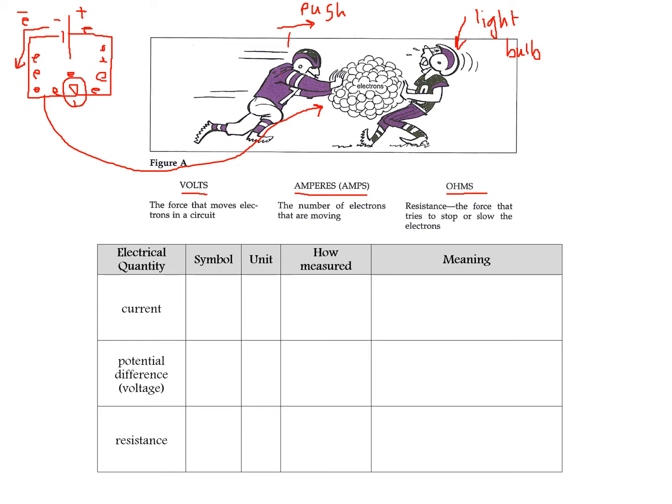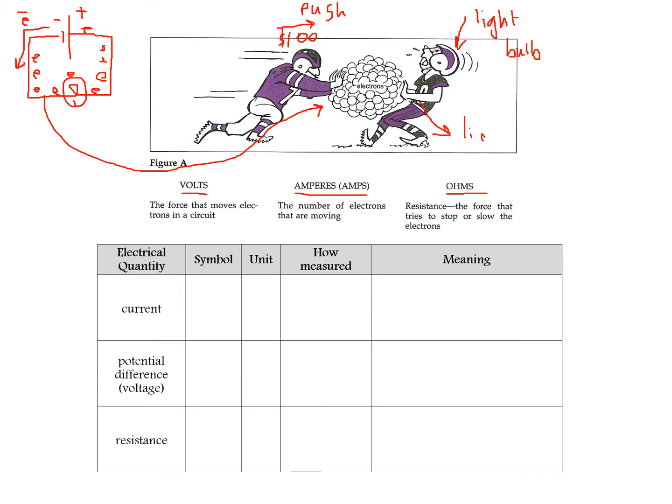Remember I said before there's $100? So imagine each electron has $100, and the light bulb says, stop, give me your money, give me your money. And the light bulb gets the energy from the electrons, and it gives you light instead. So the energy of the electron changes to light.